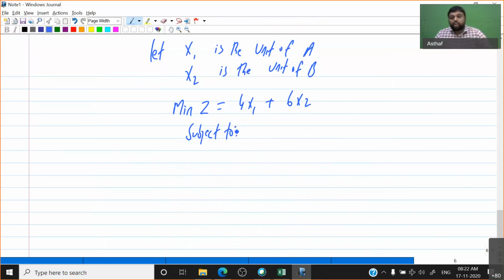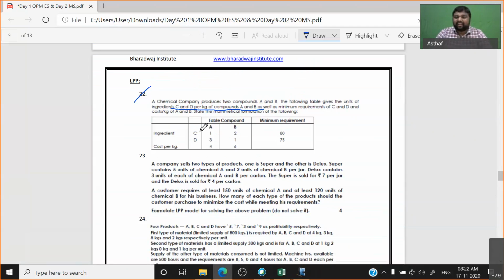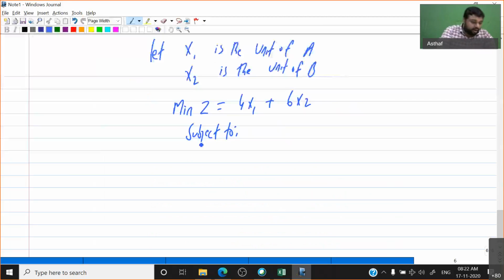Subject to the constraints, which are ingredient C and ingredient D. Ingredient C is x1 plus 2x2.